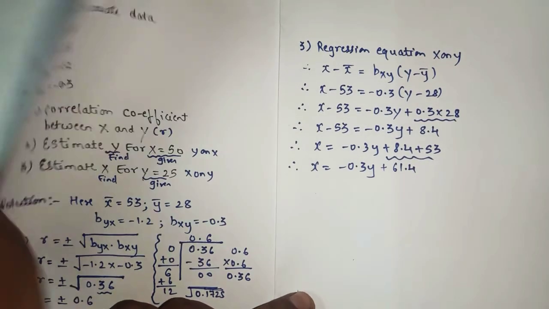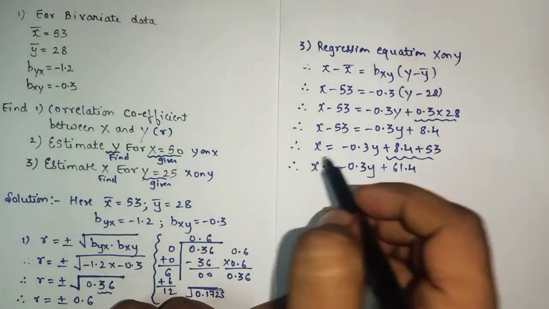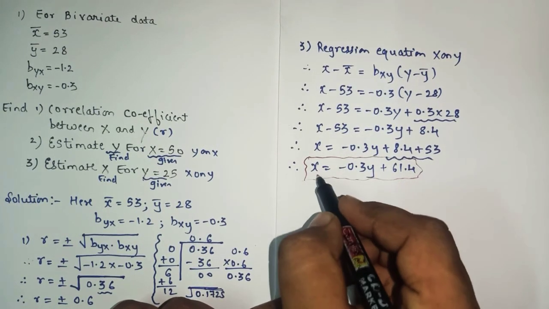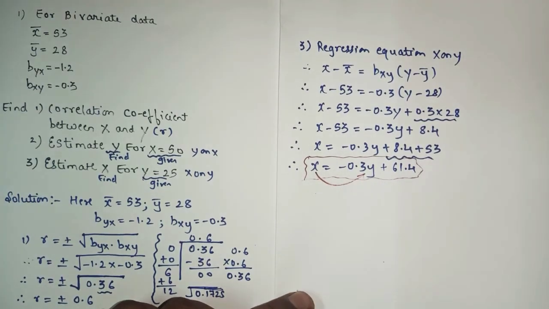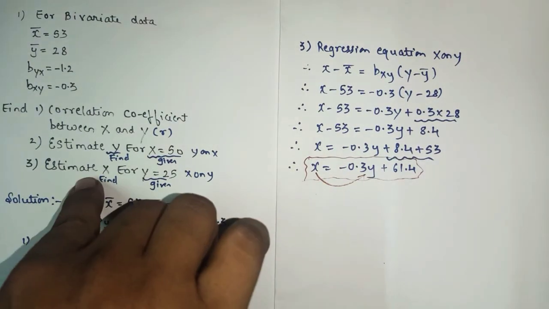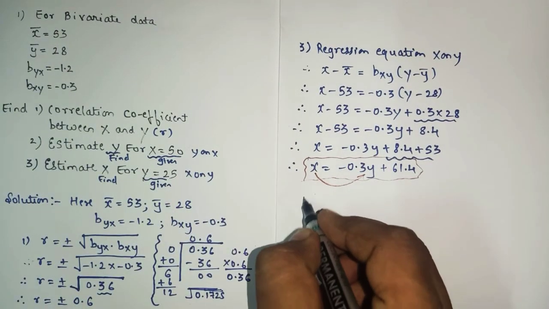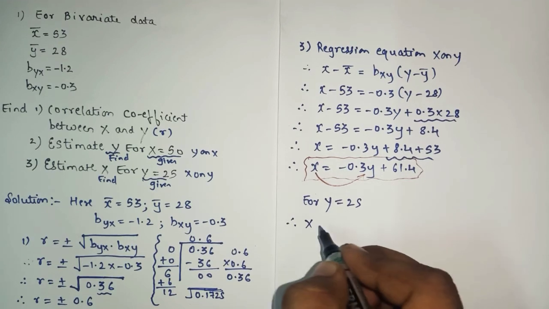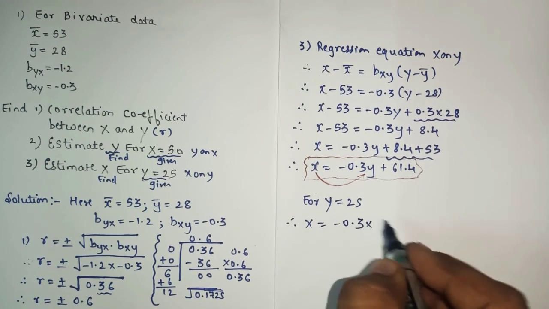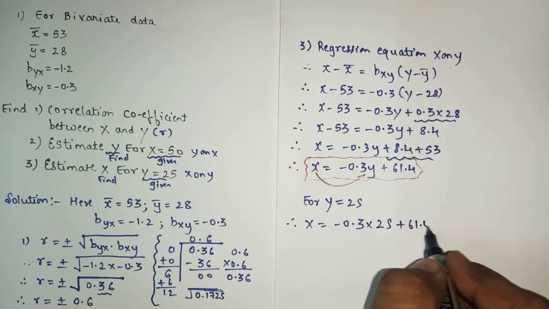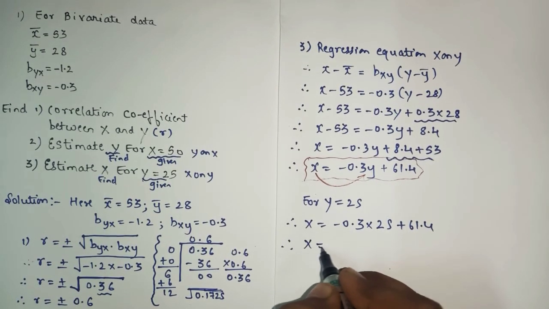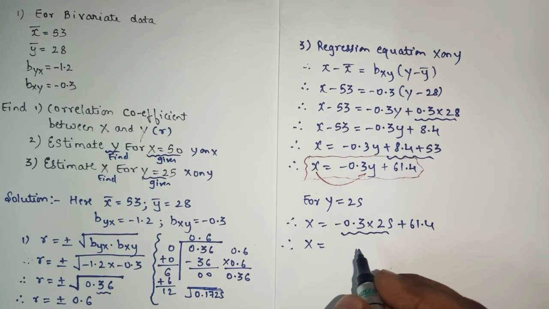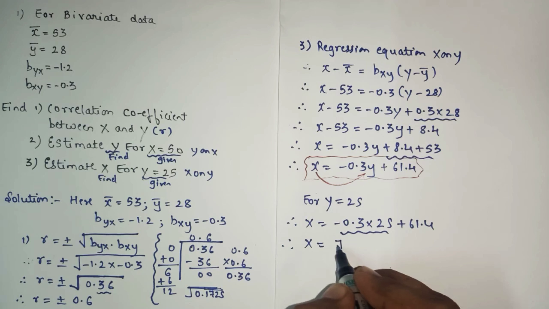So this actually we got, the regression equation x on y, yes or no? But we have to estimate x when we have y equals 25. So simply what you will do, you will replace the value of y by 25 to get the answer of x. So when you multiply 0.3 into 25, so 3 25s is 75, so 7.5 will be the answer.